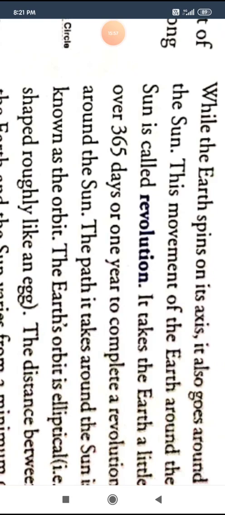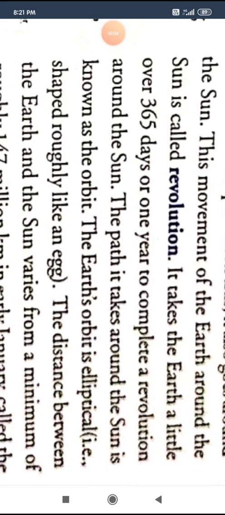Okay, so the earth completes one revolution in 365 days, and the path it takes around the sun is known as the orbit.